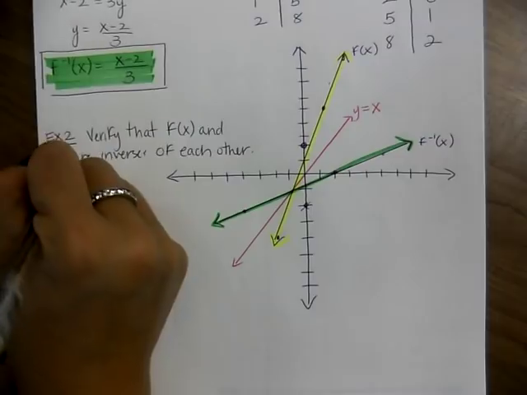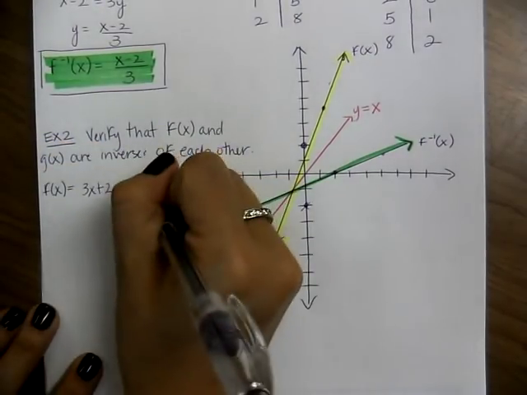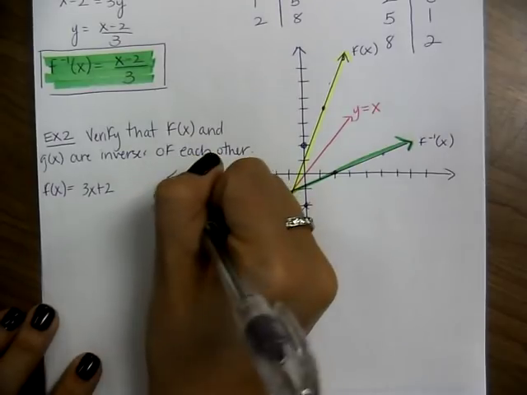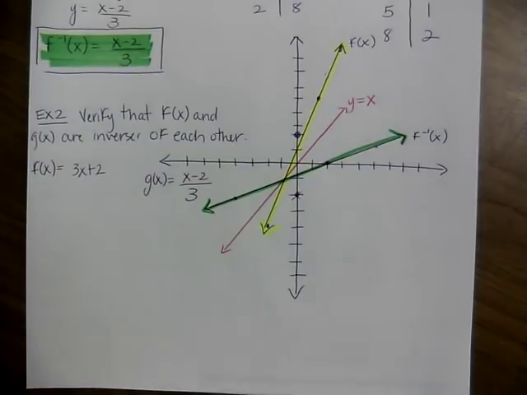And let's say that f of x equals 3x plus 2 and g of x equals (x minus 2) over 3. Now, if you'll notice, those are those two functions we just came up with. But we're just going to kind of verify that they're inverses of each other.